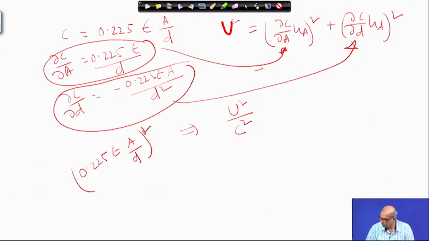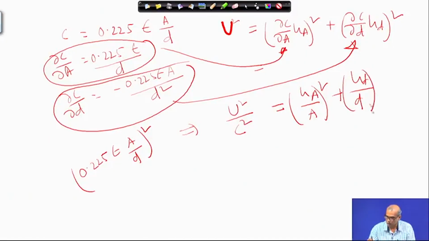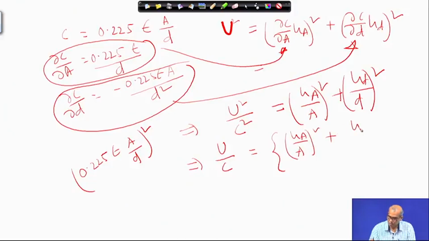If we do that, you will see that you are getting u A by A square plus u D by D square. Or u by C is u A by A square plus u D by D square, whole to the power half.